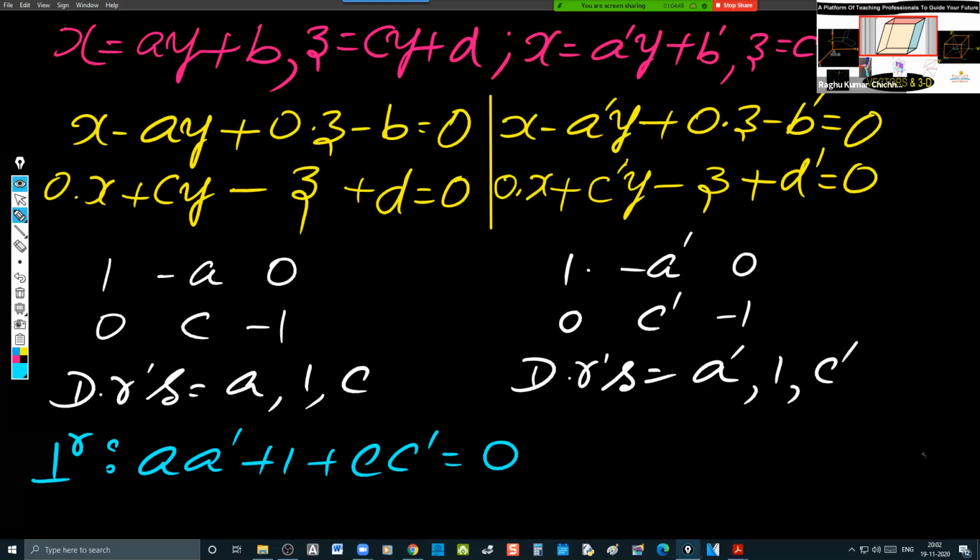So this is a standard problem. If you understand this concept, it will be very easy to solve most of the problems related to three-dimensional geometry. In fact, the 3D line is to be studied only after working out the problems related to the plane.